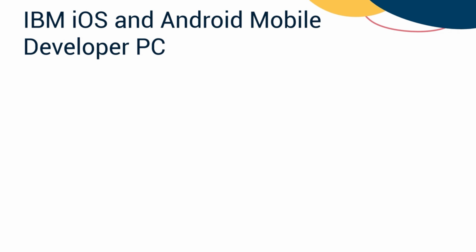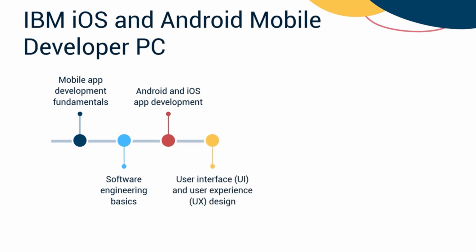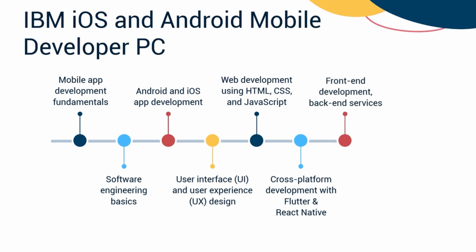The program includes several foundational and advanced courses that cover topics such as mobile app development fundamentals, software engineering basics, Android and iOS app development, user interface, UI and user experience, UX design, web development using HTML, CSS, and JavaScript, cross-platform development with popular frameworks like Flutter and React Native, front-end development and back-end services, and publishing apps on popular marketplaces, including Apple App Store and Google Play Store. These topics provide a well-rounded understanding of mobile app development.